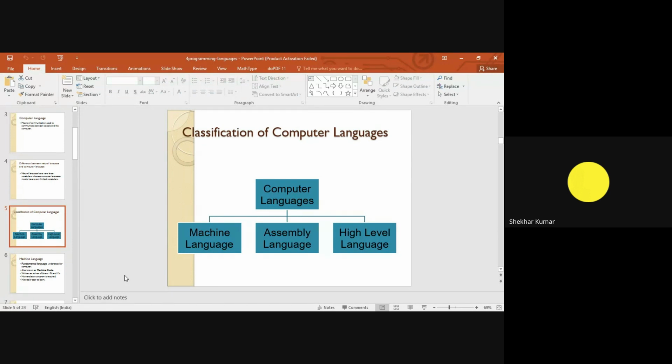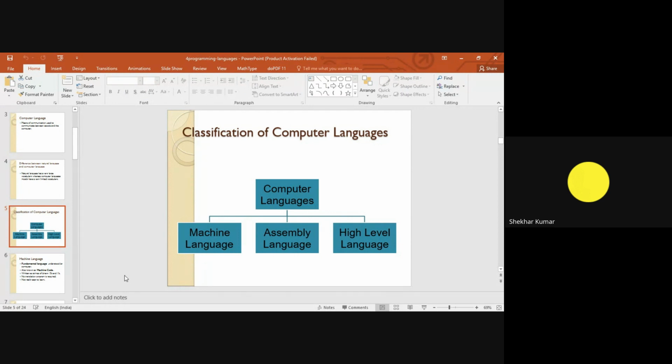All the computer programming languages are broadly classified into three categories. First is machine level language, second is assembly level language, and third is high level language.